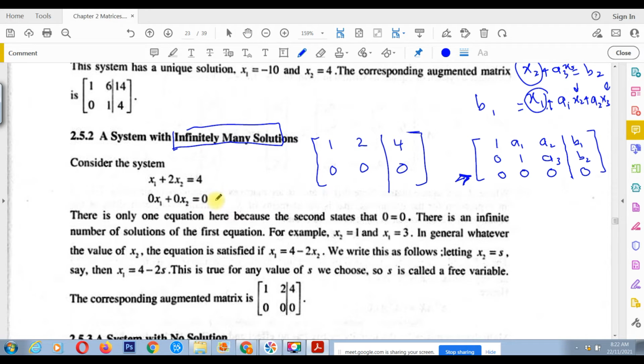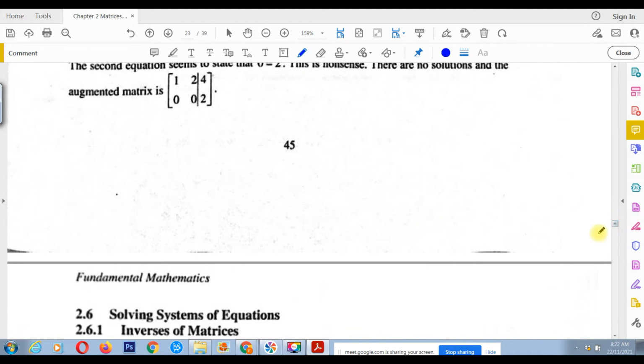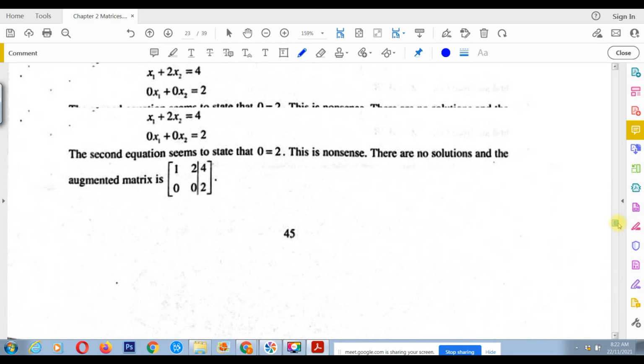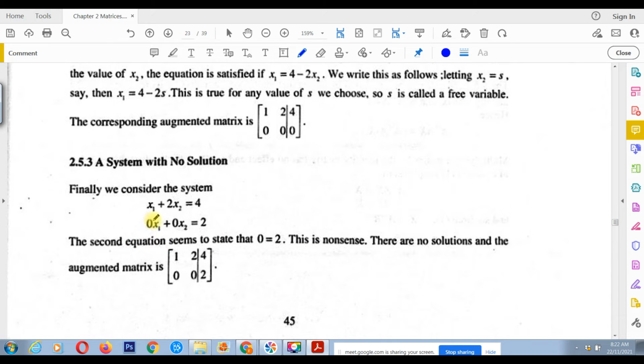So it equals 0. If we have 0 times some number plus 0 times some number, you should have 0, because anything times 0 is 0. But 0 plus 0 equals 2?